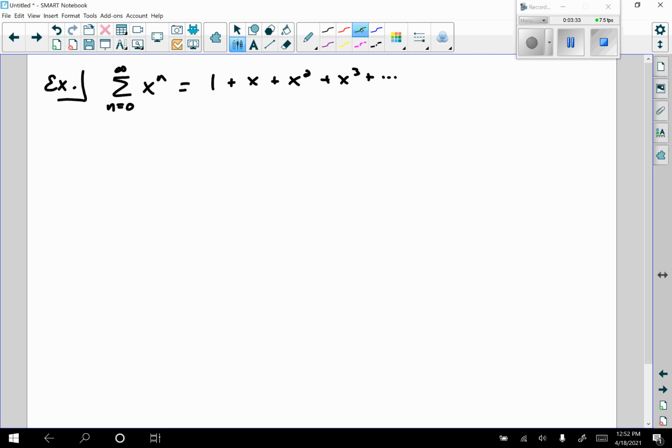And hopefully you recognize this. If we were to go back and just look at the sigma notation here, that this is a geometric series, where a is equal to 1, r is equal to x.